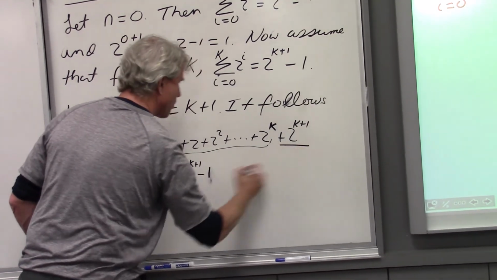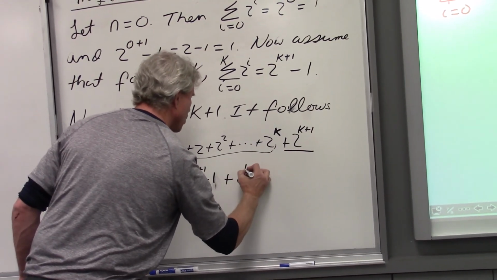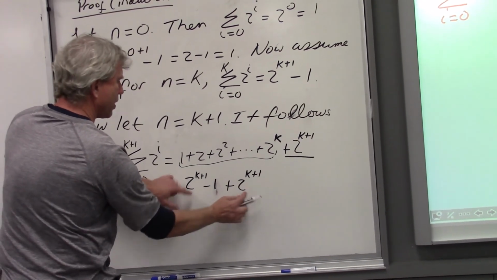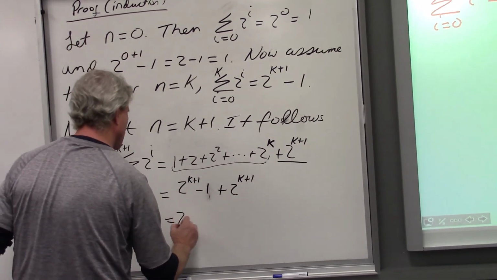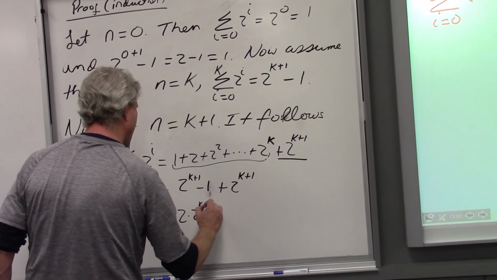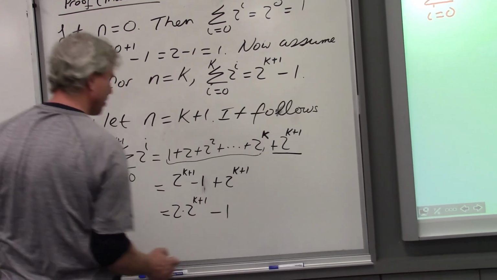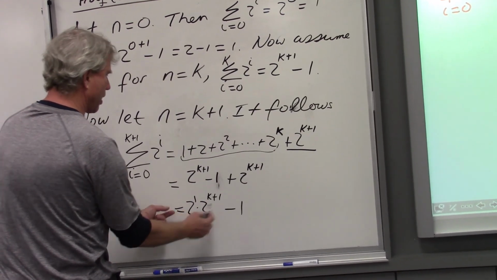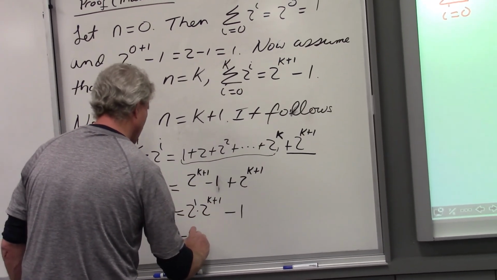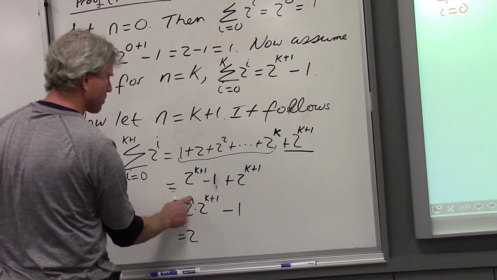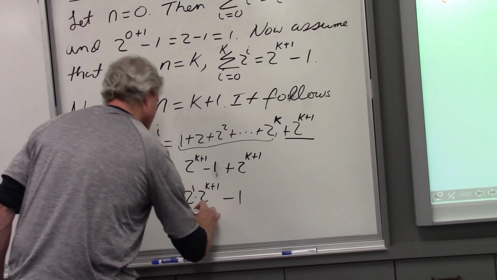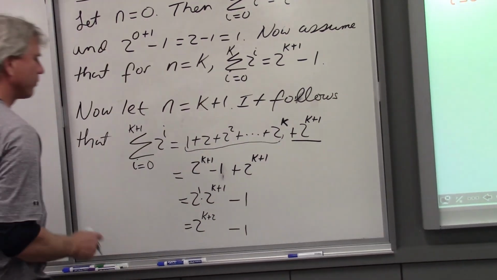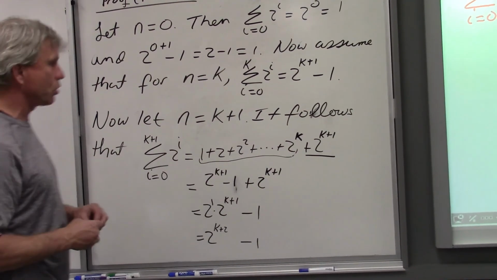And then we still have a plus an extra 2 to the k plus 1, which equals, now there's 2 of these, they're exactly the same, so it's 2 times 2 to the k plus 1 minus 1. But the exponent on this base is a 1, so we can combine into a single base by adding the exponents. k plus 1 is k plus 2 minus 1. Which is what we needed to show over here.